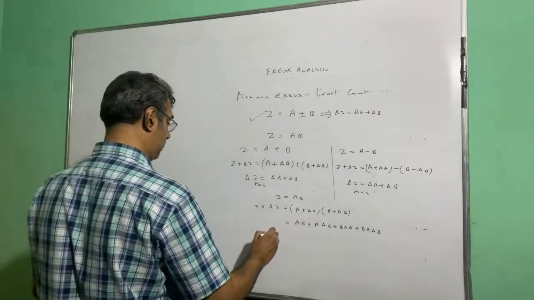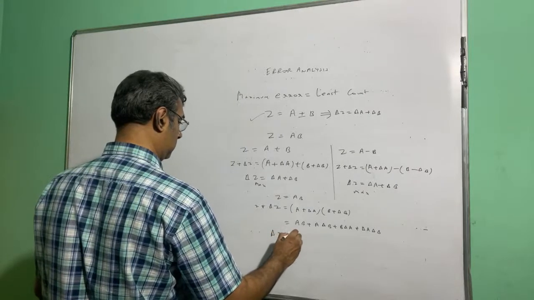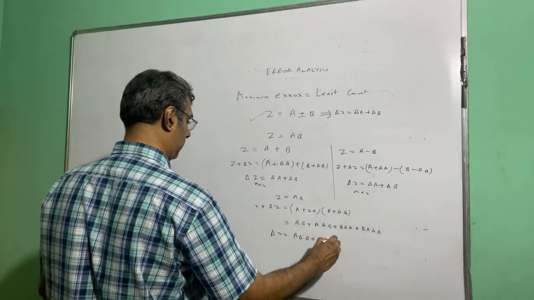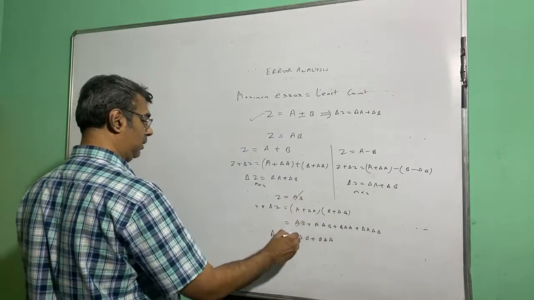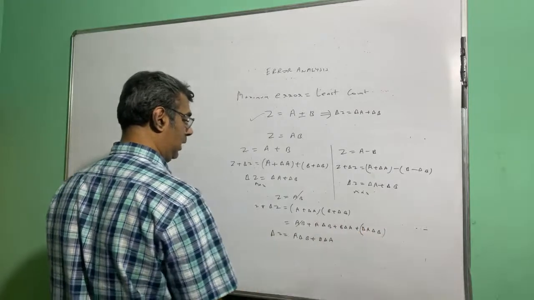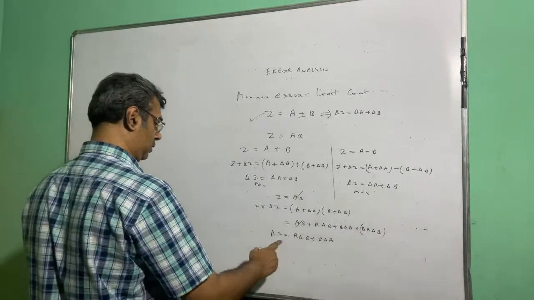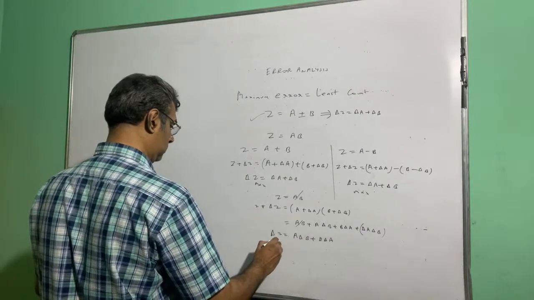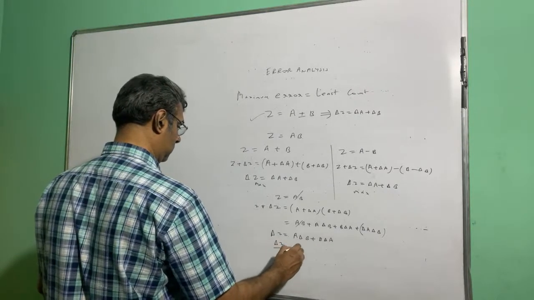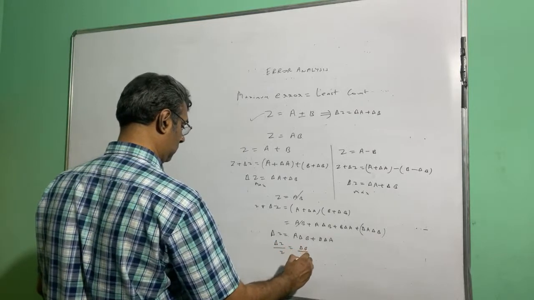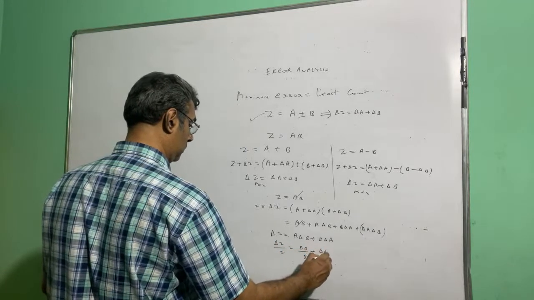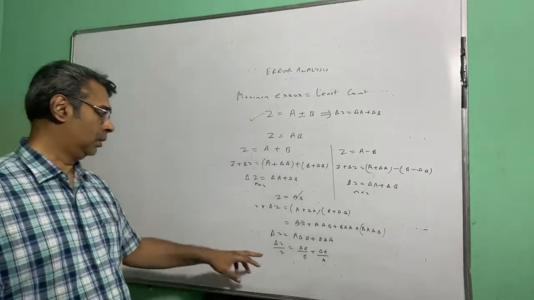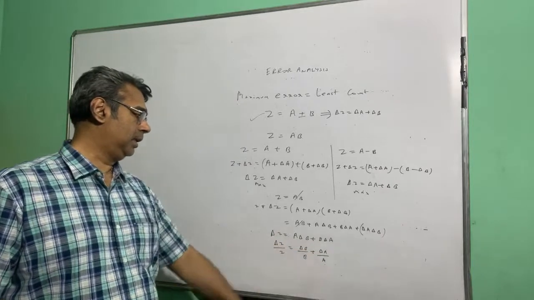Now you subtract these two. So when you subtract these two, ab will get cut. Delta a into delta b will be negligibly small. So delta z is a delta b plus b delta a.